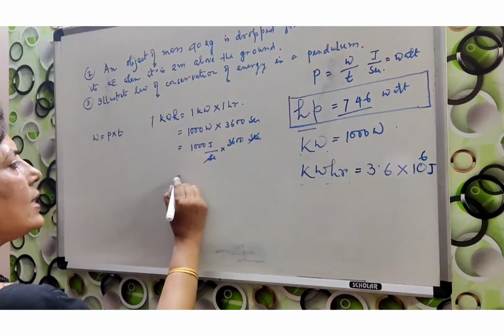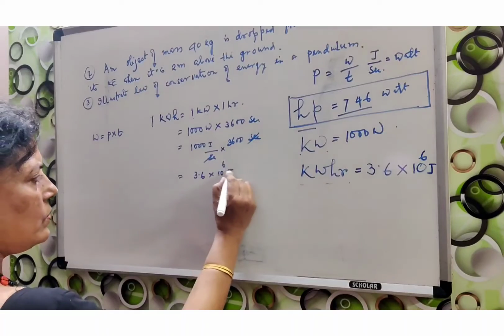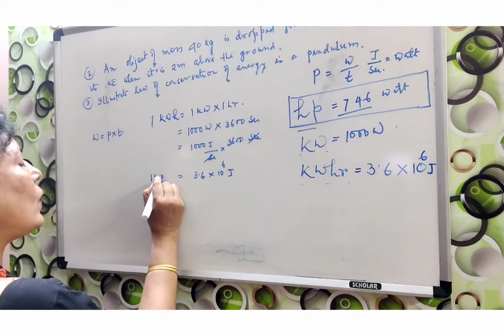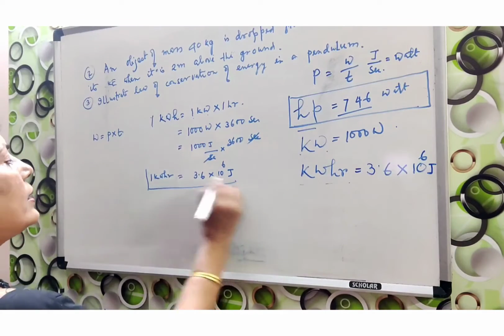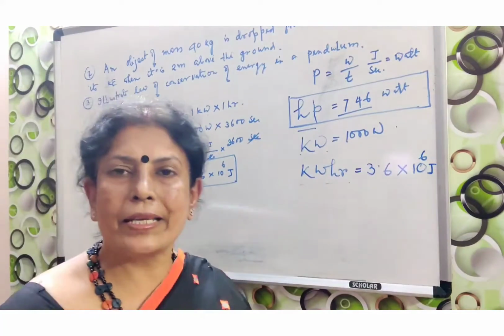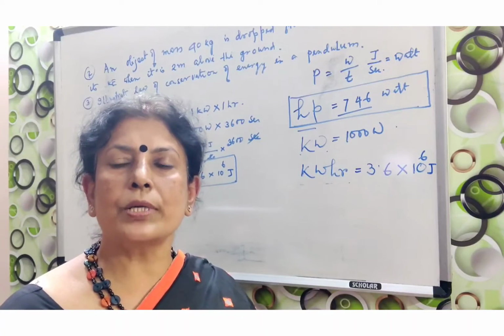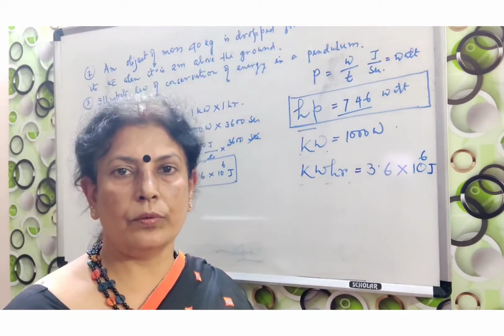Second and second will cancel out, that is 3.6 into 10 to the power 6 joule. So 1 kilowatt hour is the commercial unit of electrical energy, or Board of Trade unit, which is equal to 3.6 into 10 to the power 6 joule.